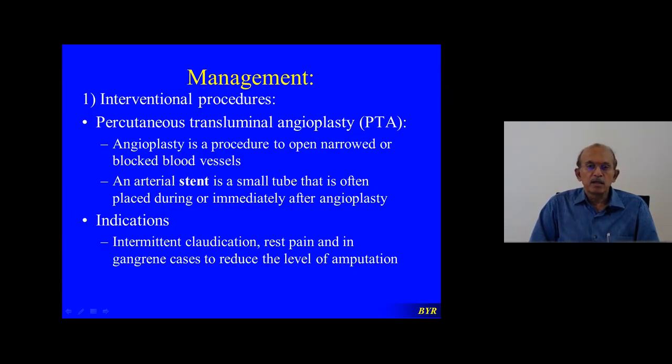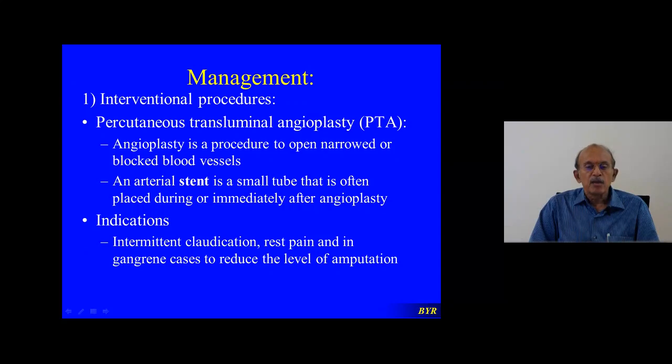For example, in a patient with femoral artery obstruction, if it is in the proximal part of the femoral artery, then through the profunda femoris collateral supply, the limb up to the whole thigh will be perfused normally. So you have to go for amputation at the below knee level. If the obstruction is in the mid part of the thigh, then you have to do the above knee amputation.